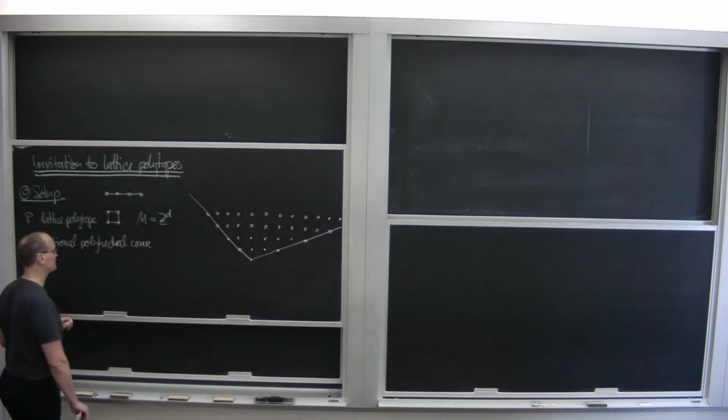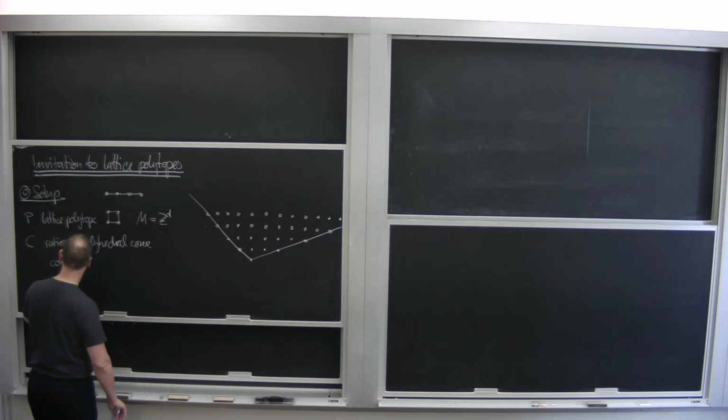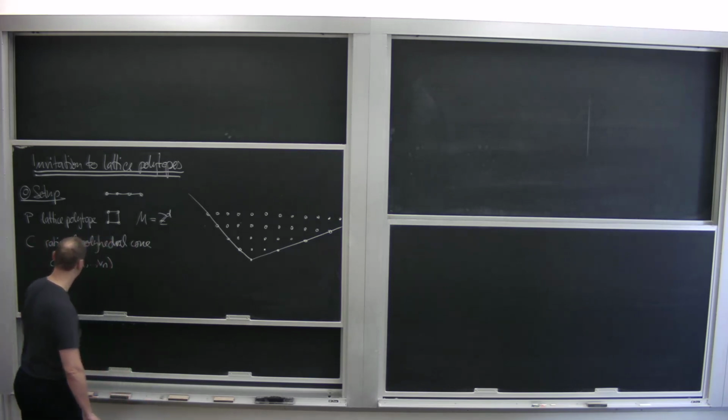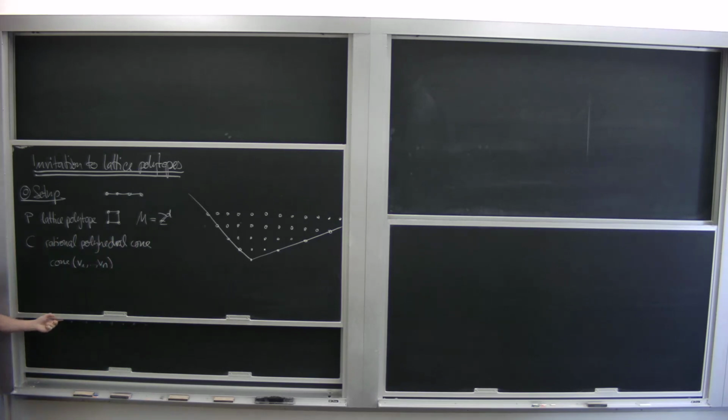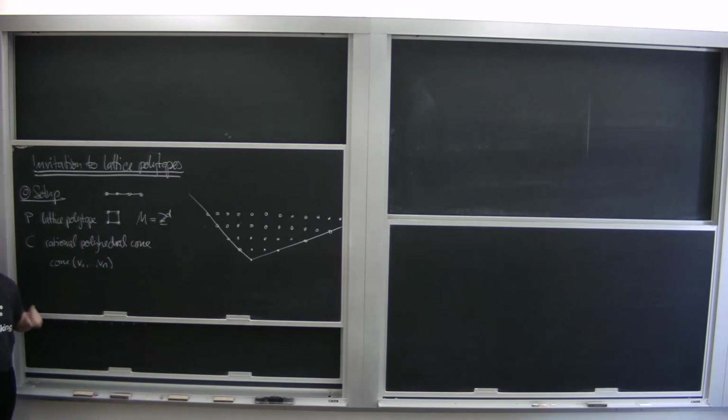And a rational polyhedral cone, often I will write as the conic hull of n vectors, all in M. I might also write this as a d by n matrix. Just take the cone of that.